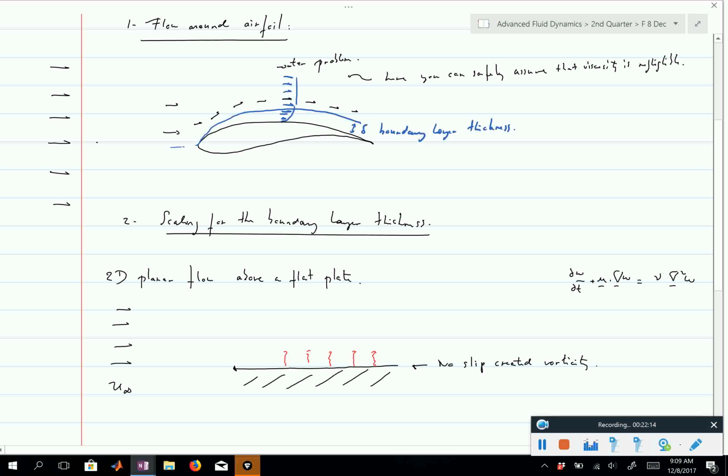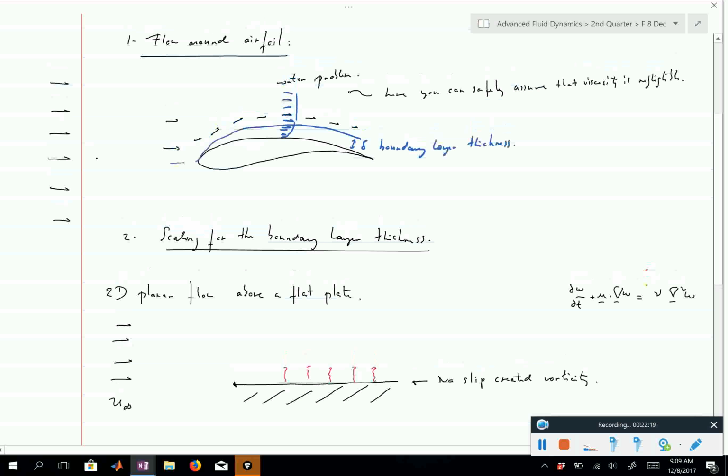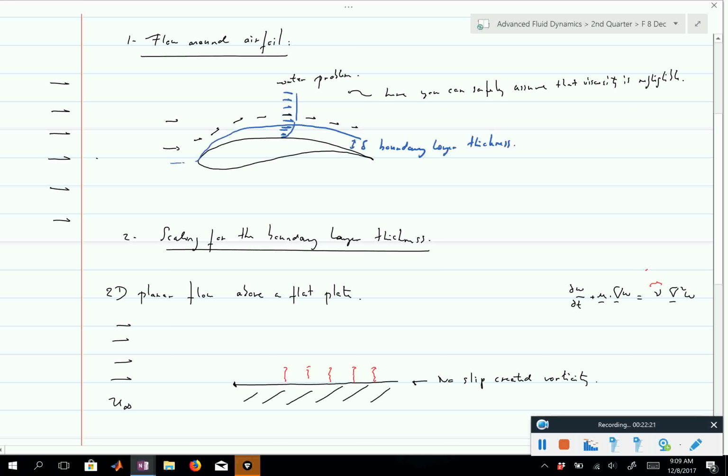And it diffuses with a diffusivity constant, which is the kinematic viscosity. The kinematic viscosity has units of meters squared per second, so it's a diffusion constant. So here we have vorticity diffusion, with a diffusion constant equal to the kinematic viscosity.